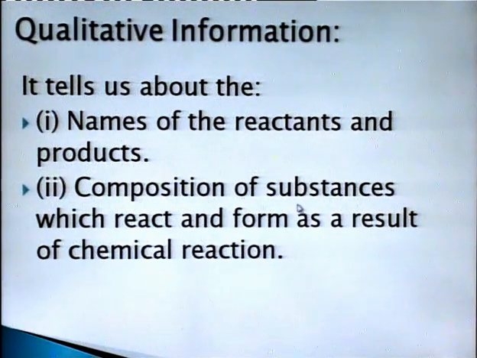Secondly, it gives us composition of the substances which react and form as a result of chemical reaction. So composition is also given by chemical equation. So these are two qualitative type of informations, names and secondly the compositions of the reactants and products.